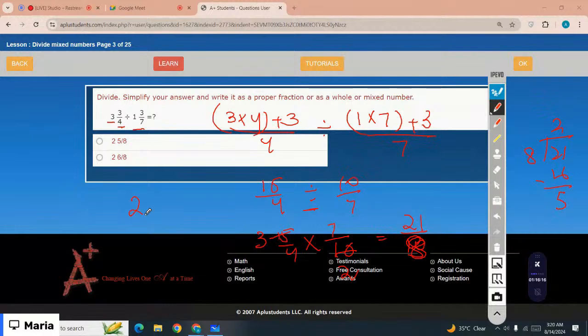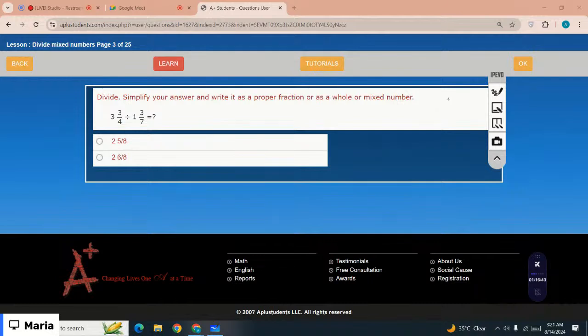So that would be 2 whole 5 over 8. 2 whole 5 over 8 is the correct option.